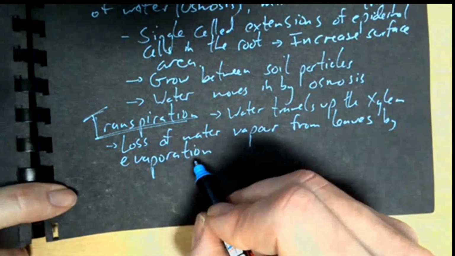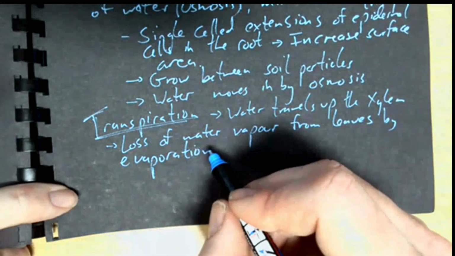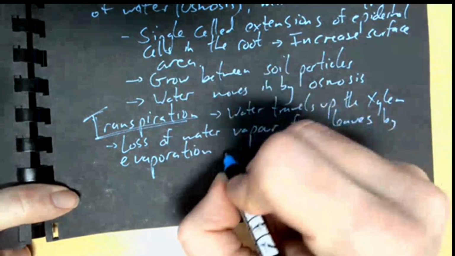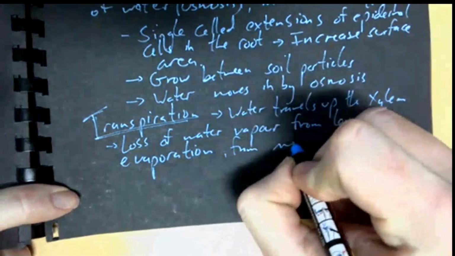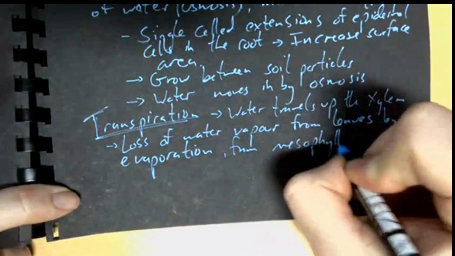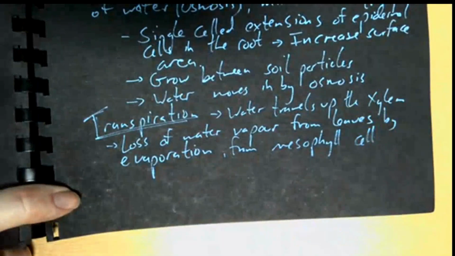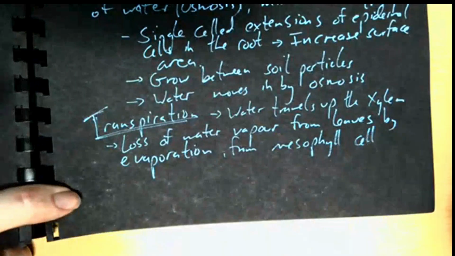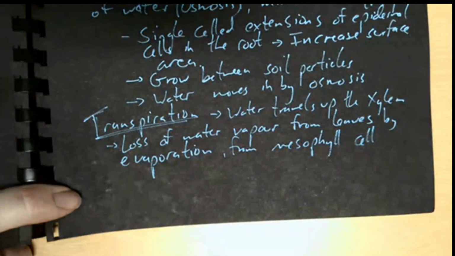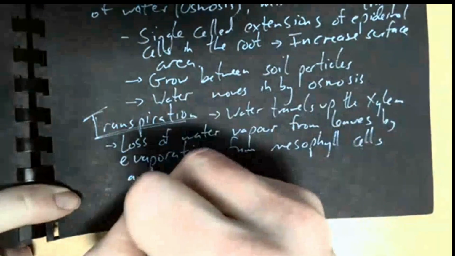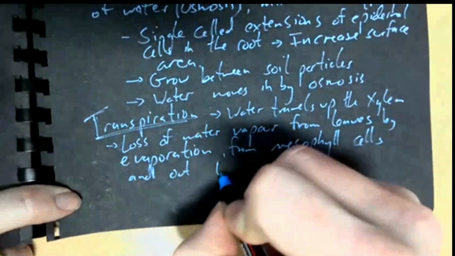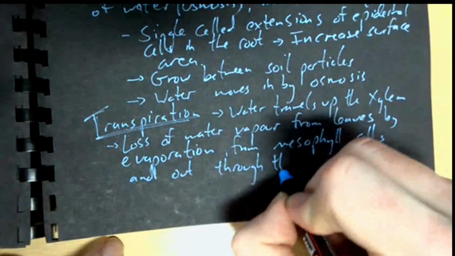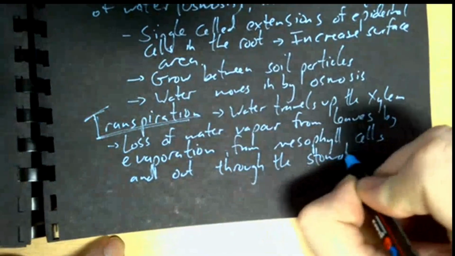What is happening is the water is moving from the mesophyll cells and then out through the stomata.